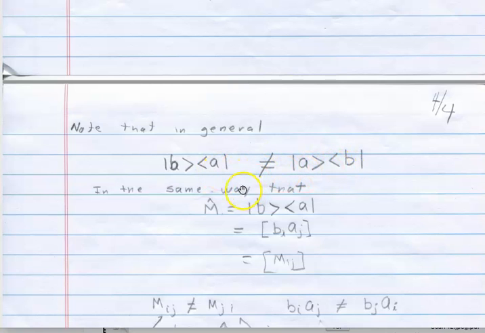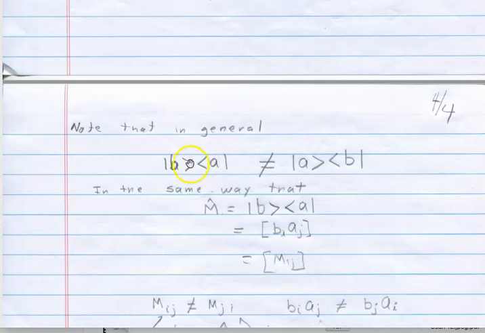And in general, those are not equal. In fact, most of the time they're not equal. And the reason is pretty much the same as for matrices. This quantity here becomes BIAJ, and that becomes MIJ.